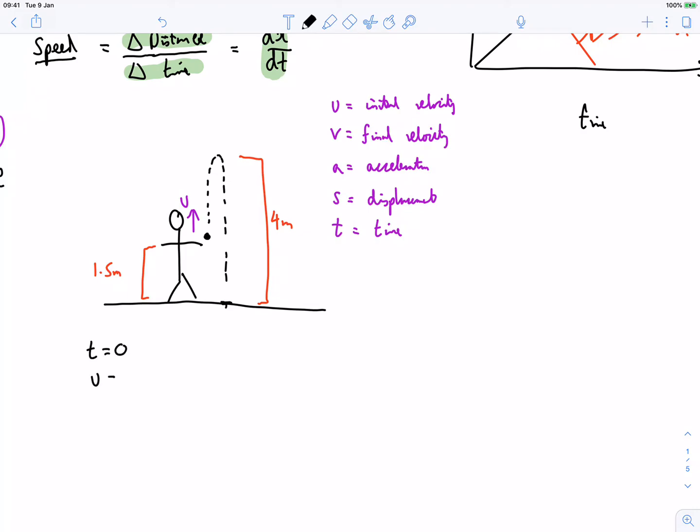The initial speed is u. There is no final velocity because we're taking an instantaneous snapshot, so we'll just leave it as that. The acceleration, well, if I'm defining upwards to be positive, then there must be a downwards gravitational force, which I'm going to call g. So the acceleration is minus g.